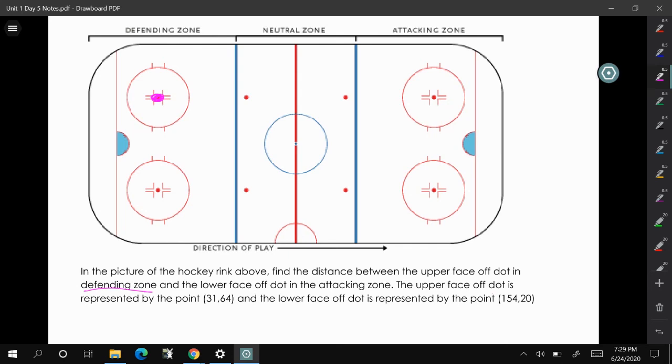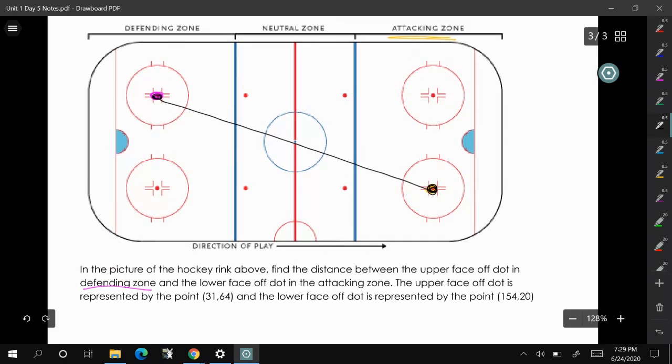And then the lower face-off dot in the attacking zone right here is represented by 154, 20. So go ahead and find the distance between that. Think about it. If I'm going to pass the puck from here all the way down here, how long did that pass travel? So go ahead, try it out, and then we'll talk about this the next time I see you.